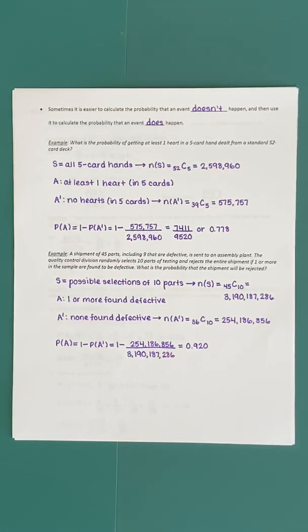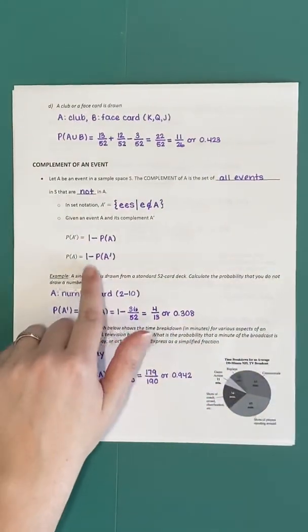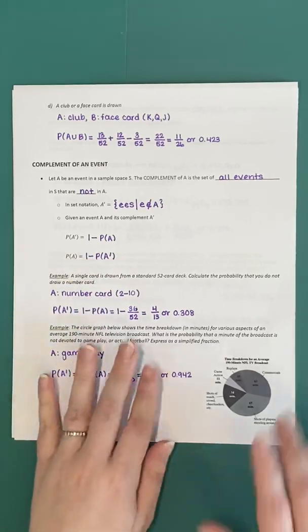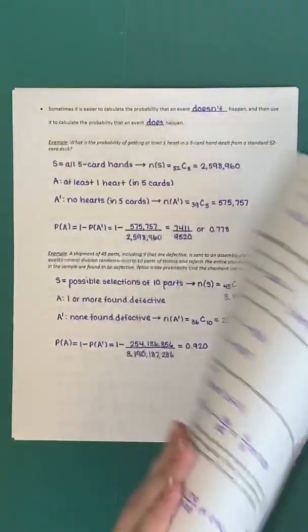But sometimes just based on how an event is defined, if the event is defined in a complicated way, it may actually be easier to calculate the probability of the complement. If we know the probability of the complementary event, then we can use a version of the complementary formula to calculate the probability of our actual event.